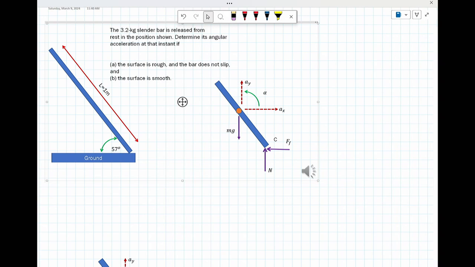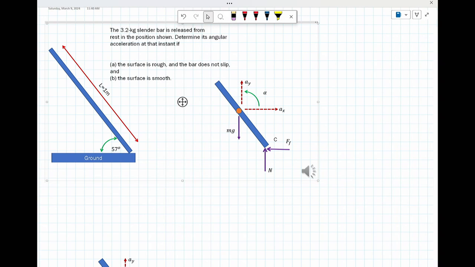So I have a 3.2 kilo slender bar that is released from rest, and you're asked to determine its angular velocity at that instant. And you have two cases. One, the surface is rough and the bar does not slip, and two, the surface is smooth, which means that the bar will slip as it moves.